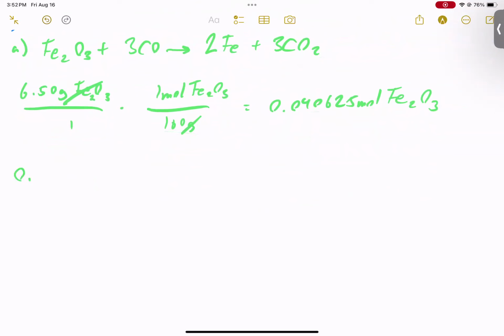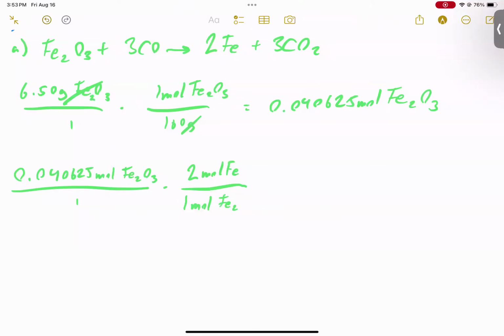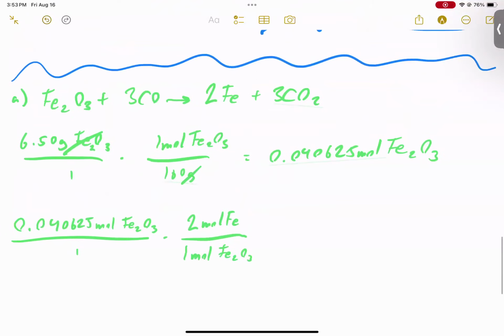So let's figure out the amount of iron we should have gotten. So using that value, 0.040625 moles of Fe2O3. Looking at the reaction over here, we're going to put 2 moles of Fe for 1 mole of Fe2O3, that is derived from the ratios over here, 2, 1.